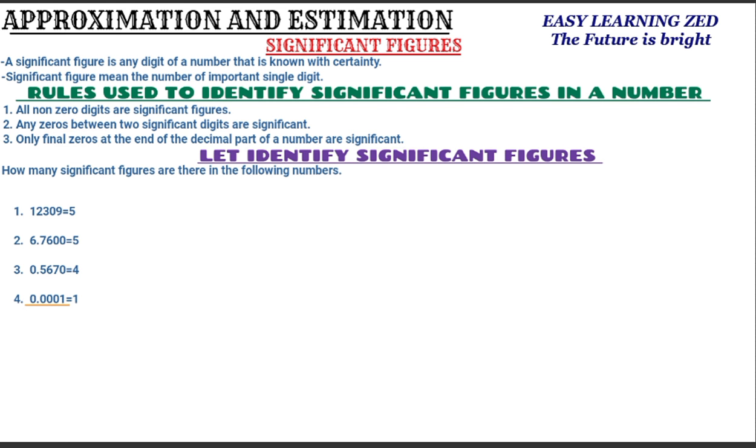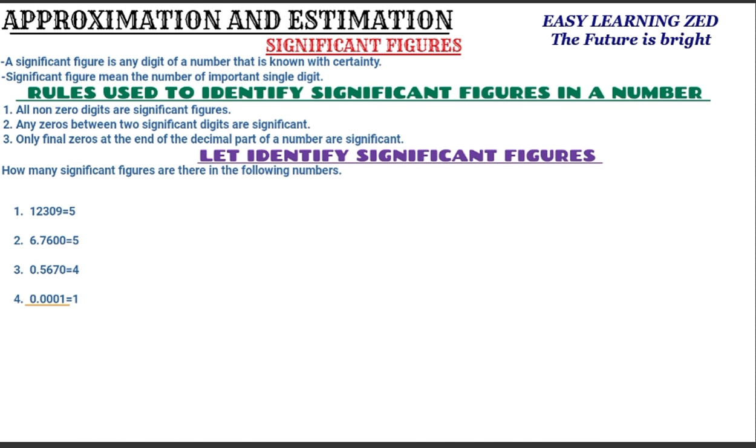But these zeros in question 4 are at the beginning of the decimal part. So those 3 zeros after the decimal point are not significant. In that number, we just have one significant number, which is 1. 1 itself is the only significant number. So how many significant numbers are in number 4? Only 1.